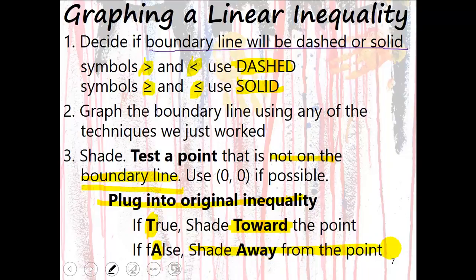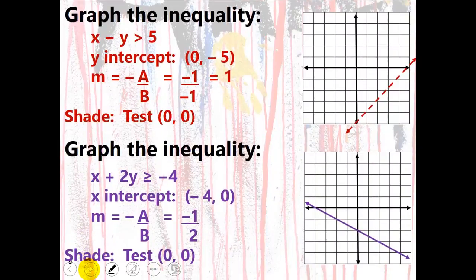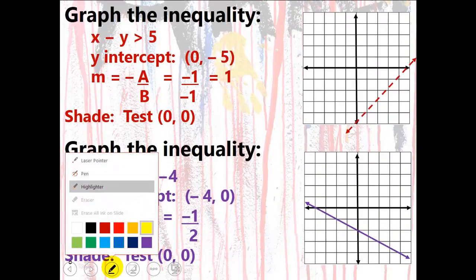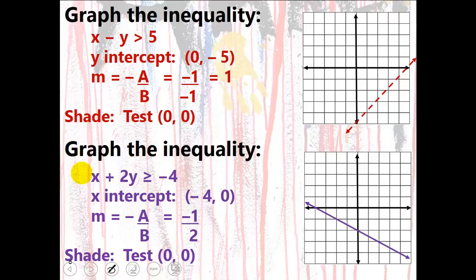So I'm going to use some of the examples that we had. I already have the lines graphed. Notice on this particular one, I changed the equal sign to a greater than, so I have to use a dashed line. And notice that I changed my line to dashed. Same information as before. I put it on there for you, but here's the line.